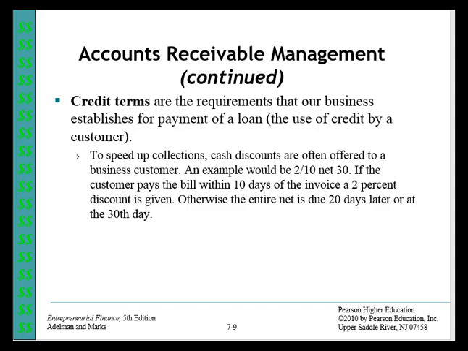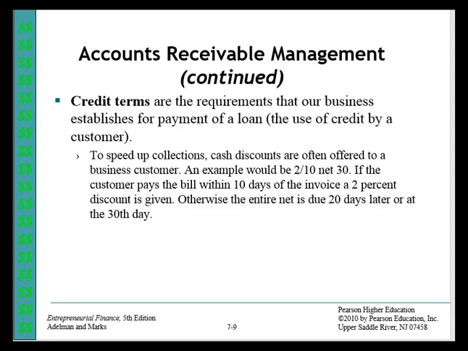Credit terms are things that we can offer the client or the customer to encourage them to pay us a little quicker, right? So to speed up collections, we might offer something called a cash discount. So in this case, they give us an example of 2/10 net 30.